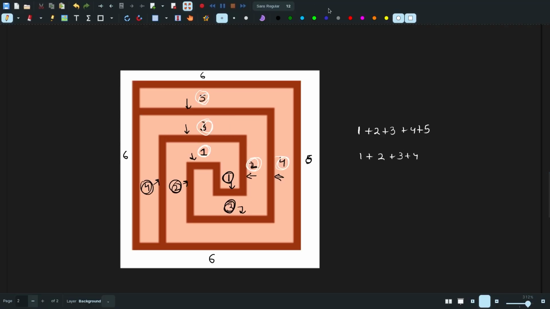Now let me take the 4 corners. This is 6, this is 6, this is 6, and this is 6. So it is actually 4 into 6, or 6 into 4, or however you want to write it, right? Now the only thing remaining is this particular line which we have not counted, so let me include it separately, and that is 1.